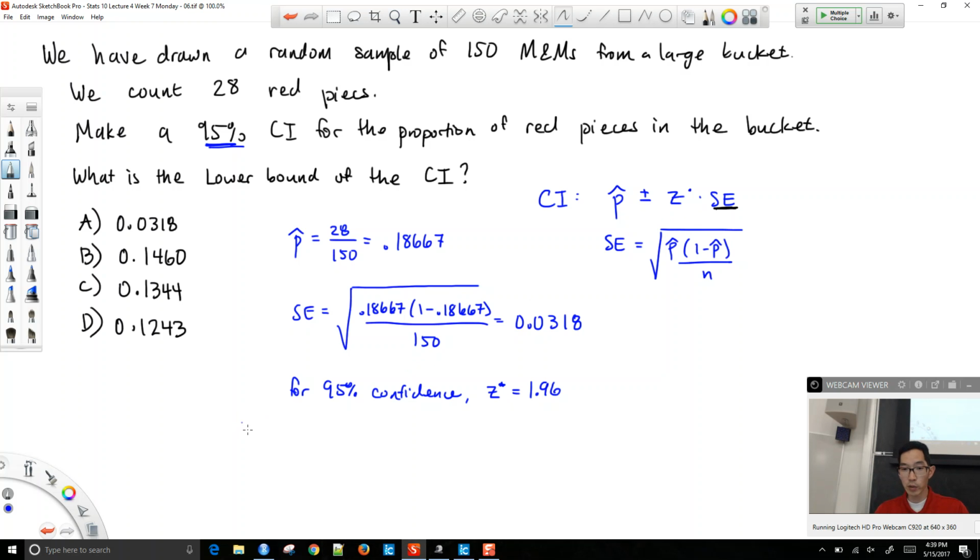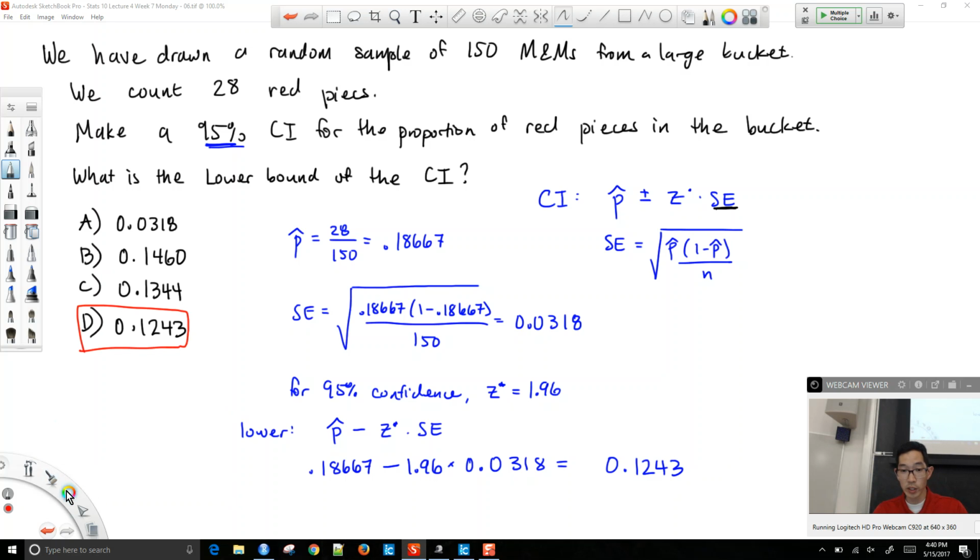My lower bound is going to be p hat minus z star times the standard error. This gives me 0.18667 minus 1.96 times 0.0318, and when I did this I got 0.1243. So that's my answer there.